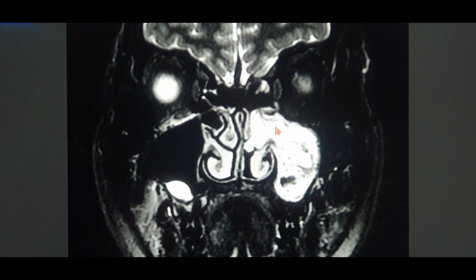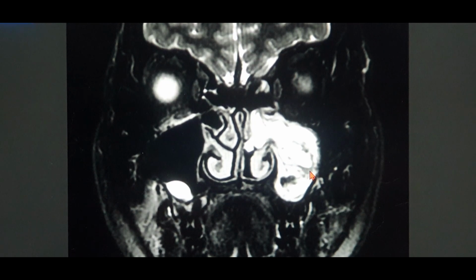As you can see over here, the mass is present in the nasal cavity as well as in the maxillary sinus, the entire maxillary sinus. The area where the CCP arises and disperses away is usually the site of origin.